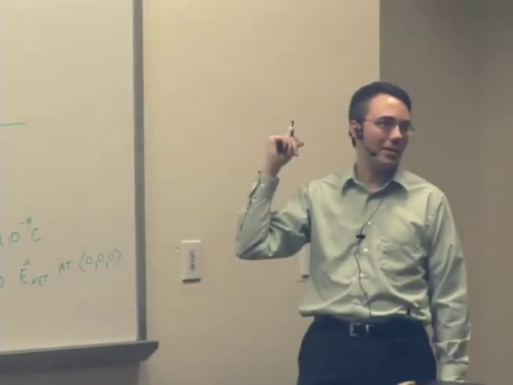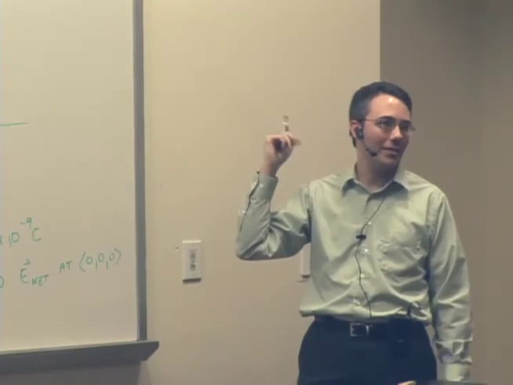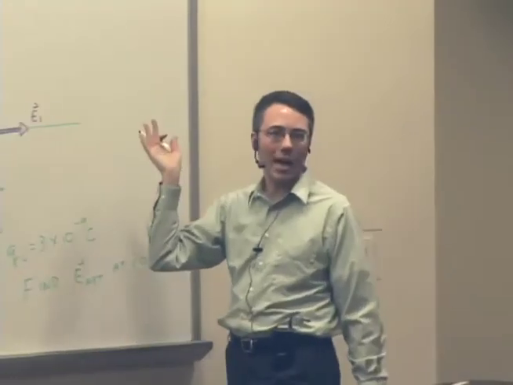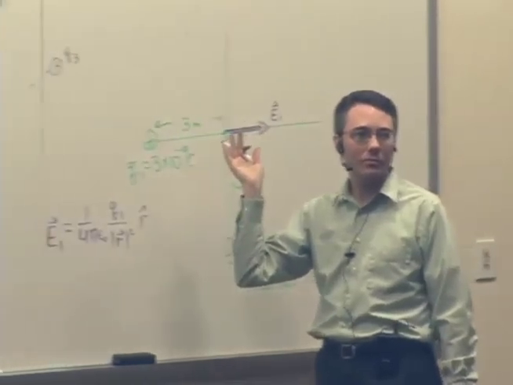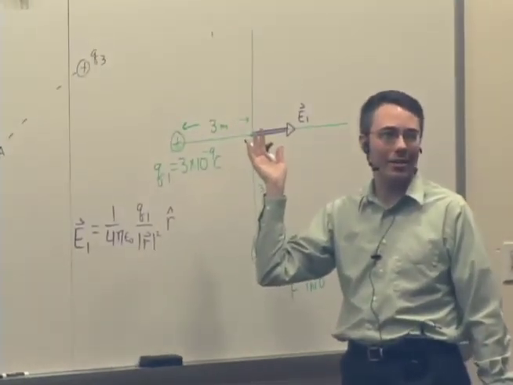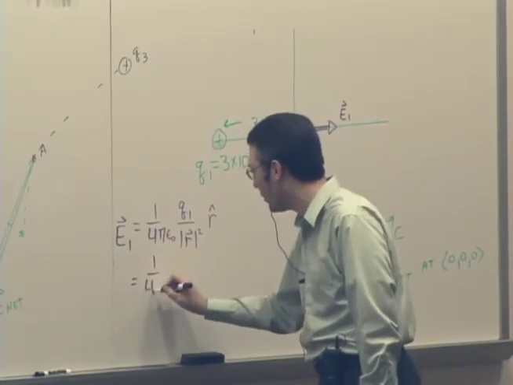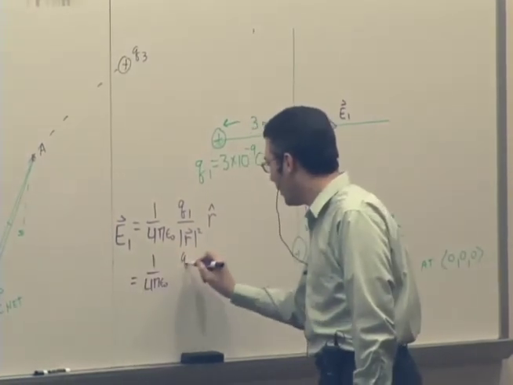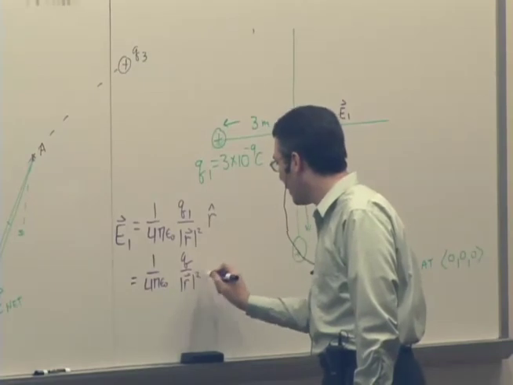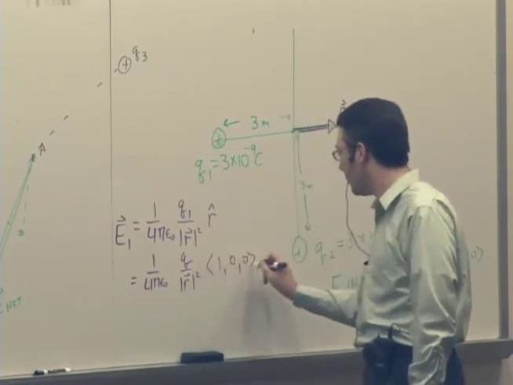A unit vector pointing in the plus x direction is i, or i is equal to, with components 1, 0, 0. Okay, so we know this has got to be 1, 0, 0, right? So we have 1 over 4 pi epsilon 0, Q over r squared times 1, 0, 0.